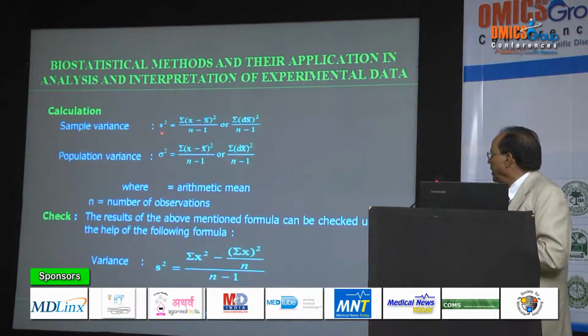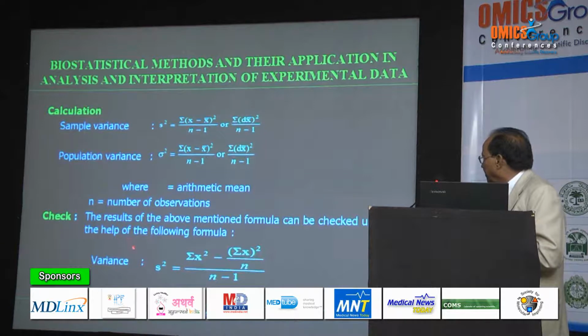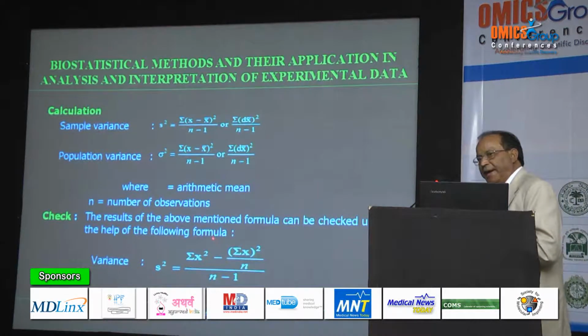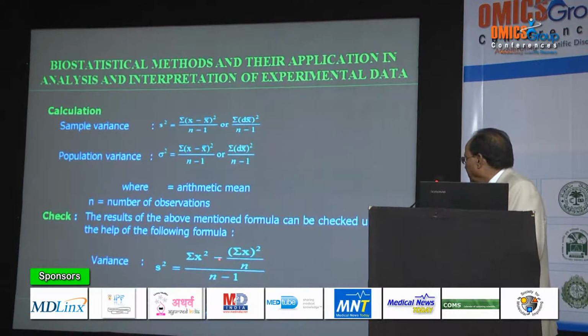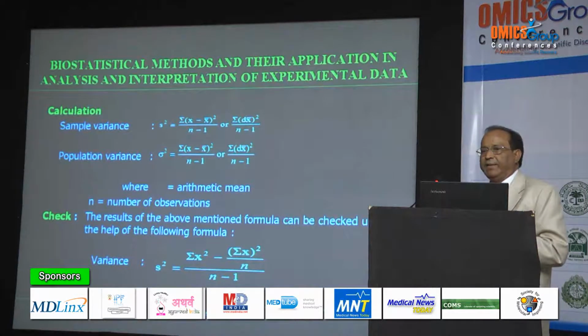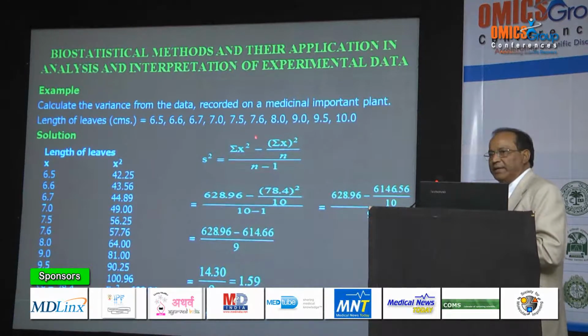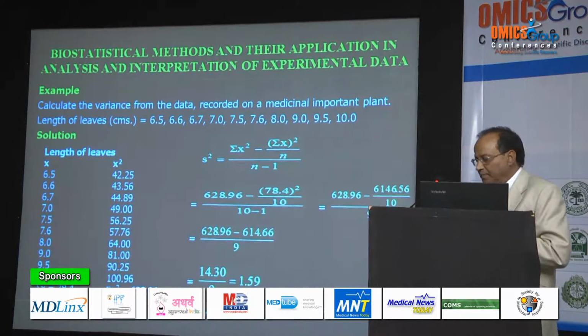If you want to check this part of the problem, you can apply this formula: s squared equals the sum of x squared minus the sum of x, whole squared, divided by n, the whole divided by n minus 1. You can see one problem on how to calculate. You just take the observations, the sum of x squared, and go to the formula, and you can get the answer.